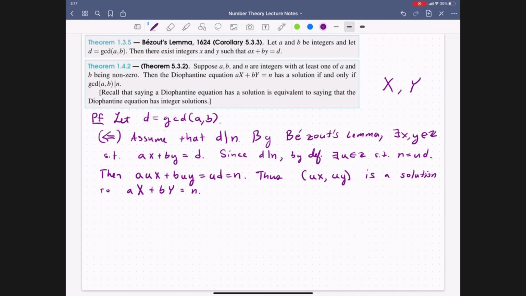So now, this is the forward direction. So this one's also not so bad. For the forward direction, we're just going to assume, suppose ax plus by equals n has a solution. Well, let's go ahead and call that solution u and v.